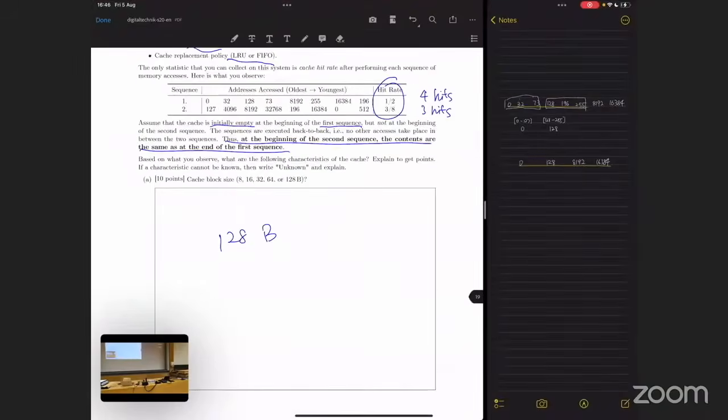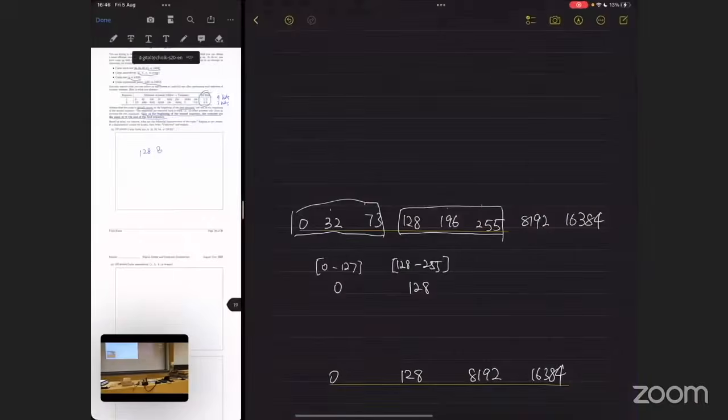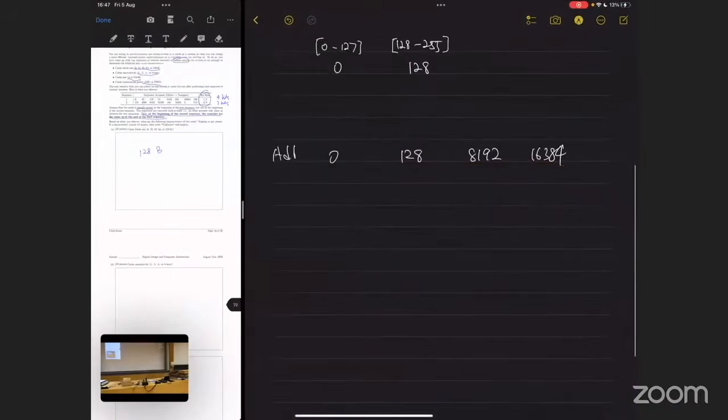Okay, and then let's take a look at the second sequence. So this would be the address. And also let's try to know which set this address could be. I put an asterisk on the set because it might not be the actual set bits, since we don't know how many sets it has yet.